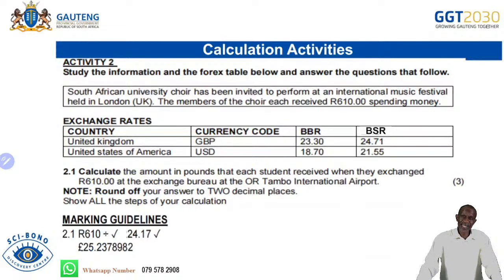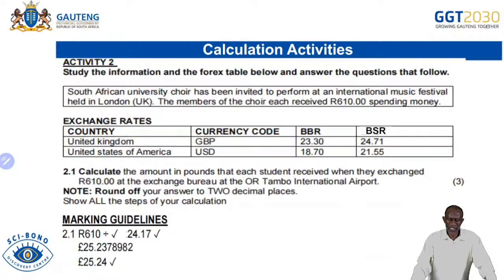Now, this brings an end to our discussion. I just want us to have a look at the following activities that were extracted from past papers, so that we test our calculation skills on foreign exchange. The instruction says, study the information and Forex table below and answer the questions that follow.